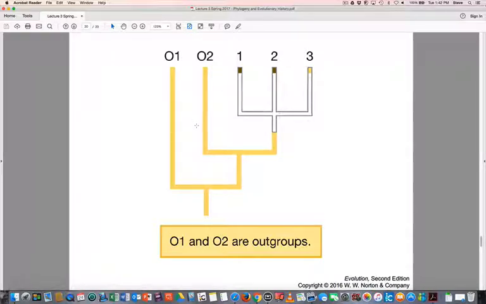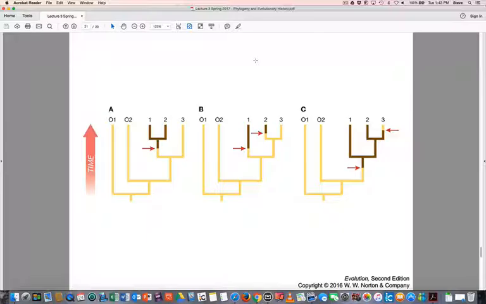What we do is use the state of the character in the outgroup to determine the best depiction of the phylogenetic relationships between species 1, 2, and 3. We'll talk a lot more about this. We usually go with the simplest model of evolution, or most parsimonious.